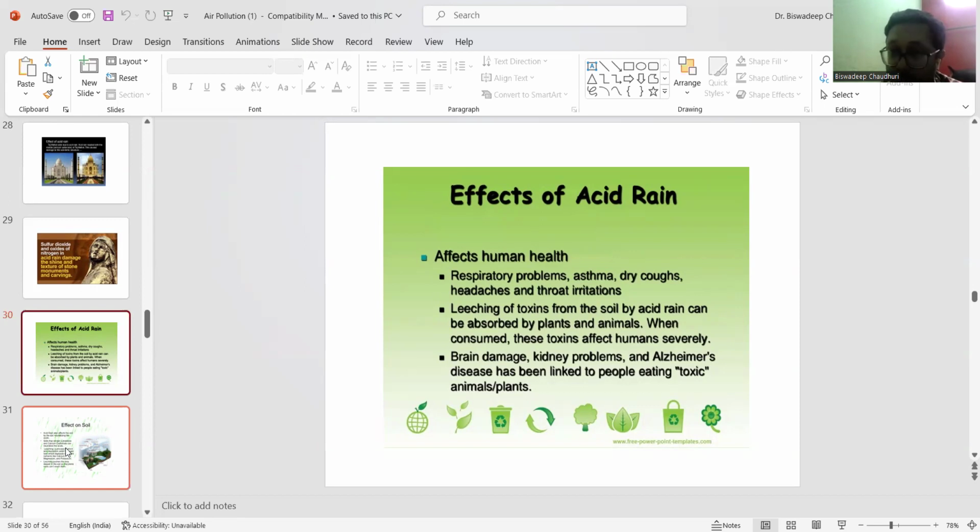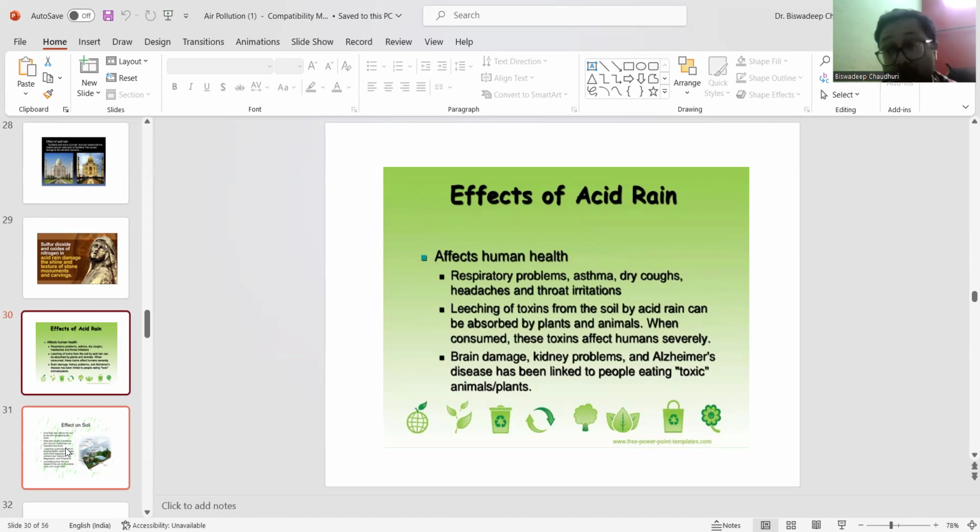When considering those toxins, humans are immensely affected, which is not a good thing for our society, for our health. Especially young children are getting affected due to the presence of such acid rain.